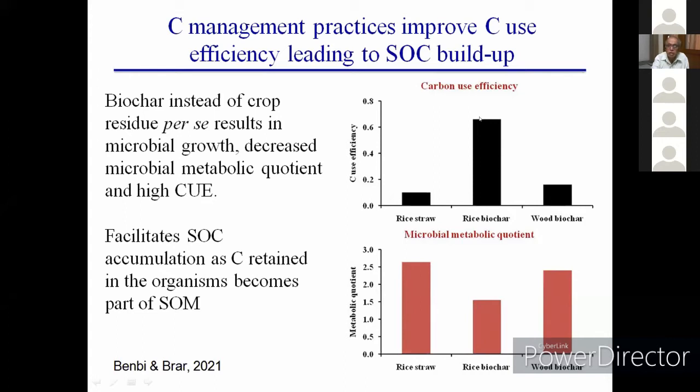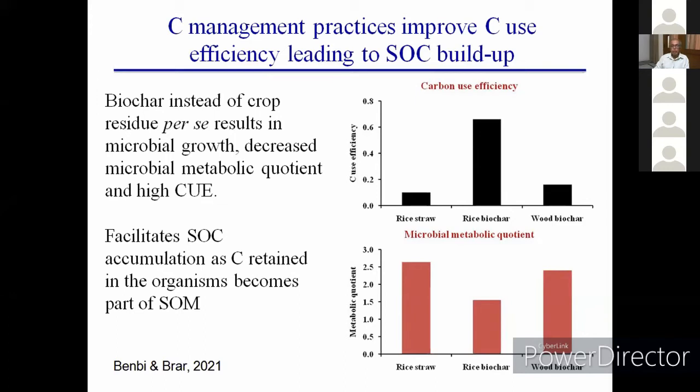Though it is less than the theoretical value of 0.66, still you are working with a carbon use efficiency of more than 0.6. So if you are aiming at carbon use efficiency, you are better off converting to a product, provided you keep in mind that the conversion should not cost you more energy. It should not be counterproductive. If you do that, you are storing carbon for a longer time.